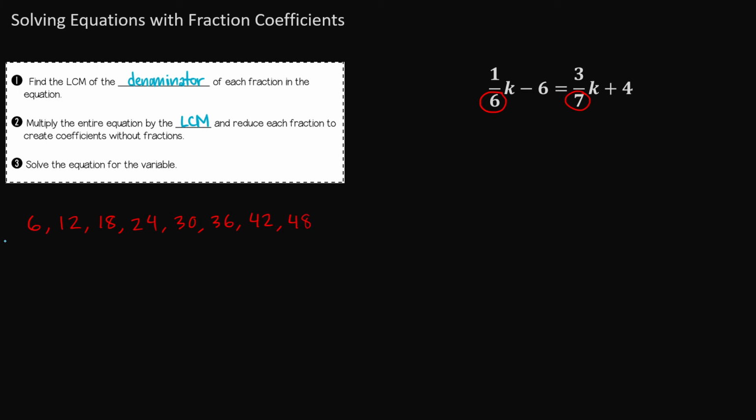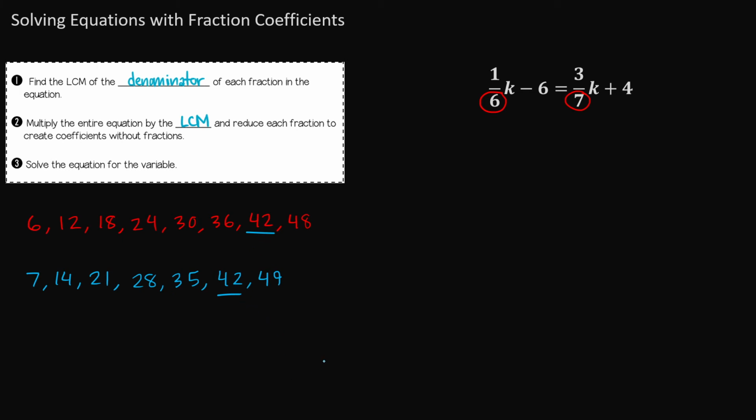And then the multiples of 7: 7, 14, 21, 28, 35, 42, 49. So I'm already seeing that they have 42 in common. That is the least common multiple of 6 and 7.